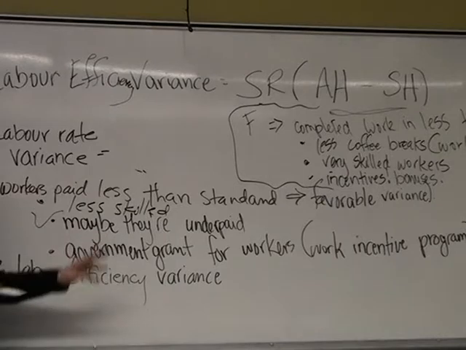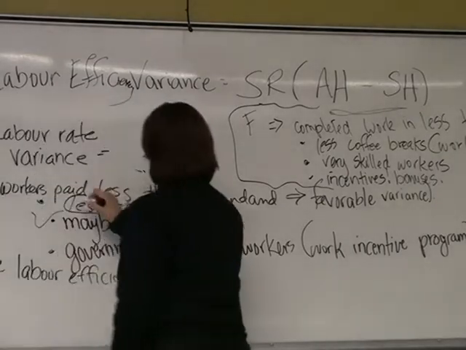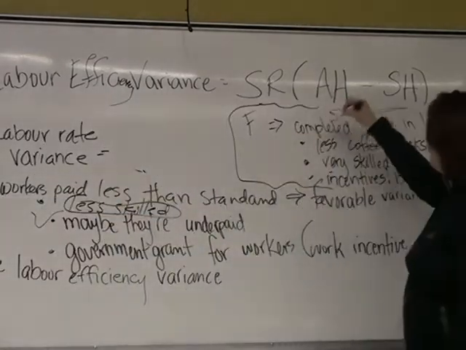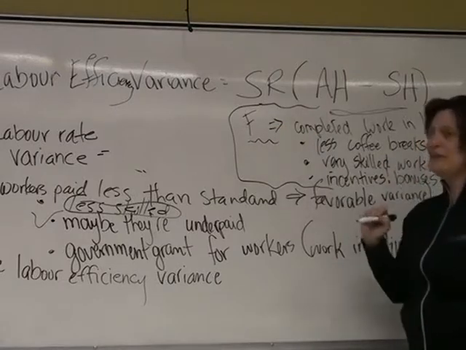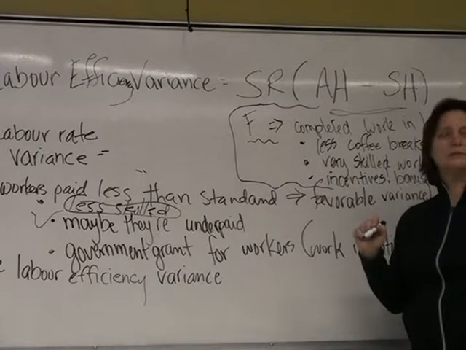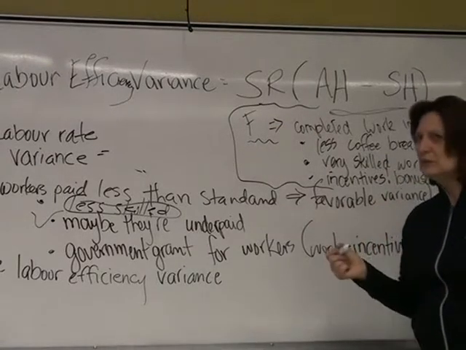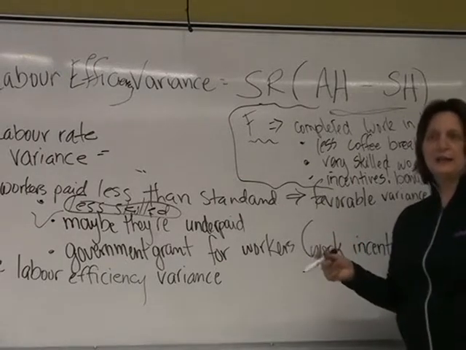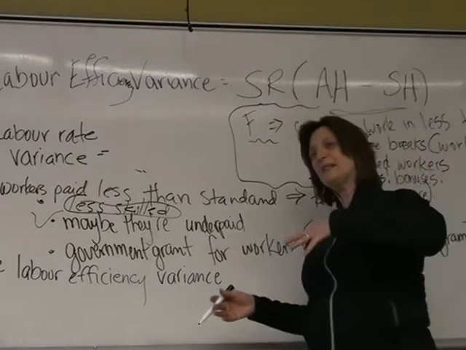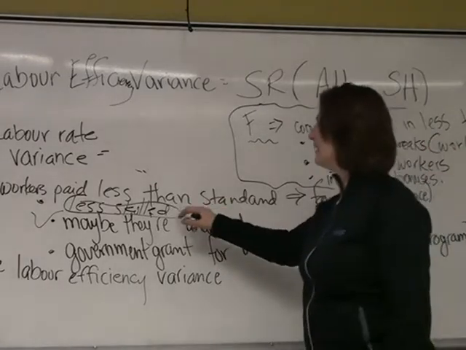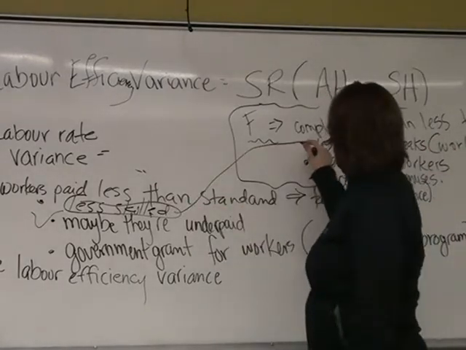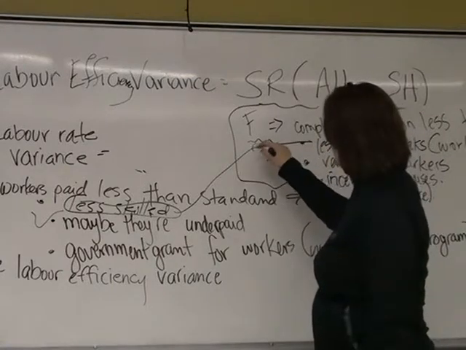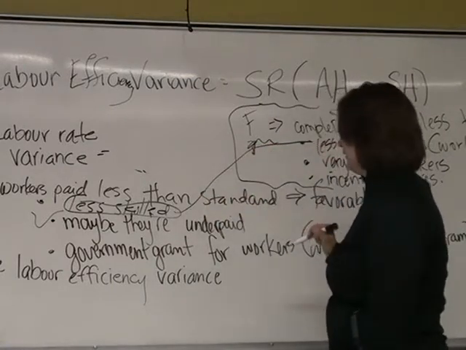If they were less skilled, is it likely that we would have a favorable efficiency variance? Not likely, unless there's another variable that would offset that. But in general, you wouldn't have these two things together, right?